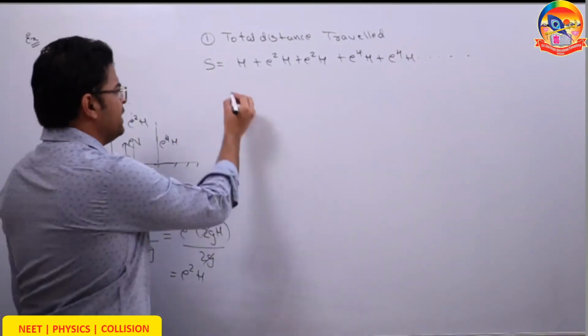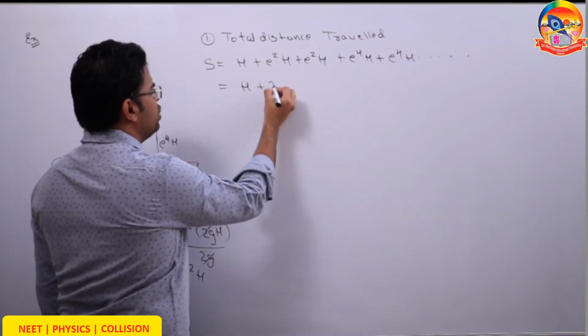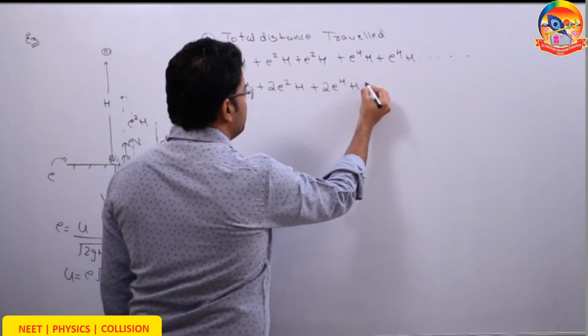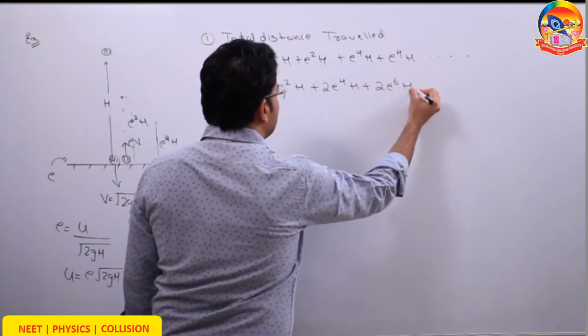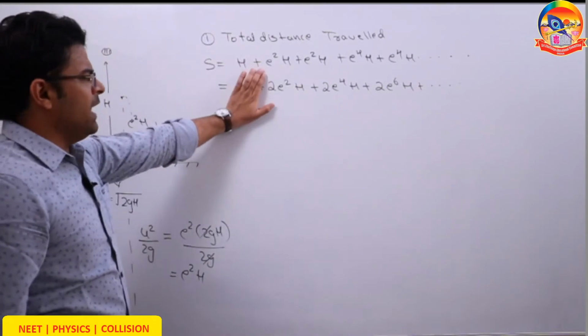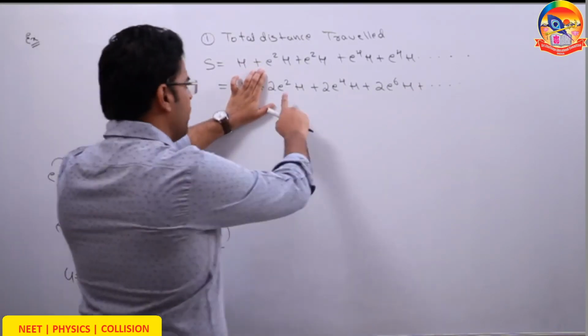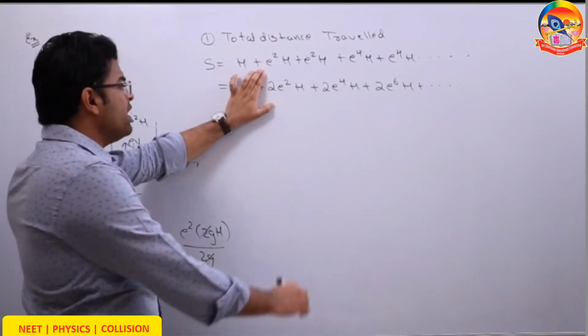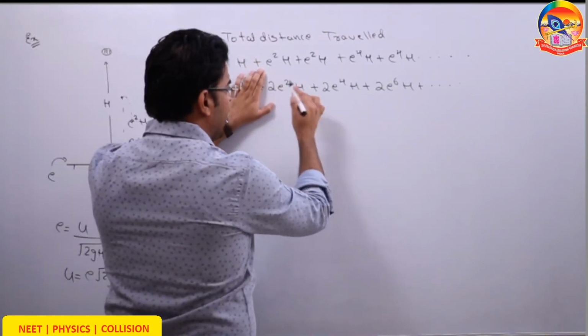You can again write this as h plus 2e square h plus 2 e raised to the power of 4 times h plus 2 e raised to the power of 6 times h, and so on. If you remove this first part h, then from here forward it is a geometric progression. If I multiply this term with e square, I get the next term.